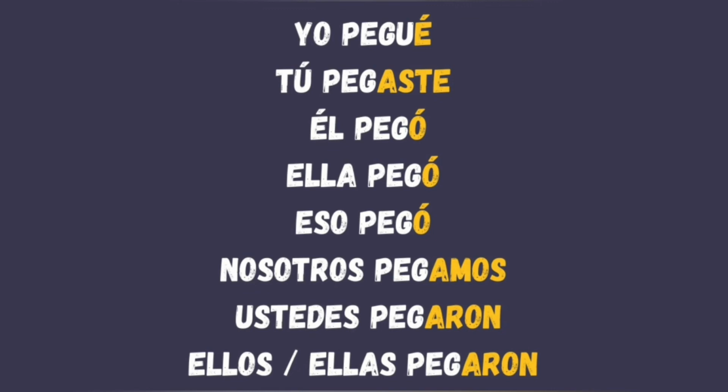Just with the pronoun yo, you have to be aware that it's with G-U, not just G. Yo pegué, tú pegaste, él pegó, ella pegó, eso pegó, nosotros pegamos, ustedes pegaron, ellos or ellas pegaron. So just be aware of the personal pronoun I, yo. In that personal pronoun, you have to change the root, the base word.